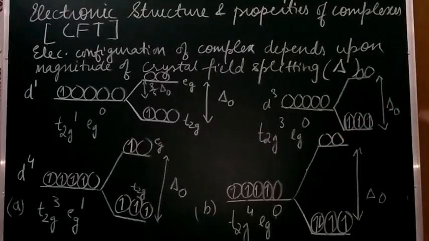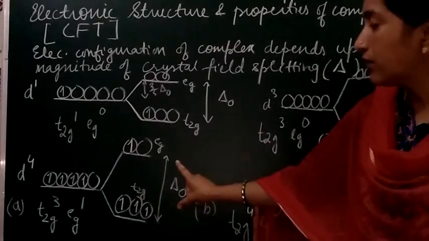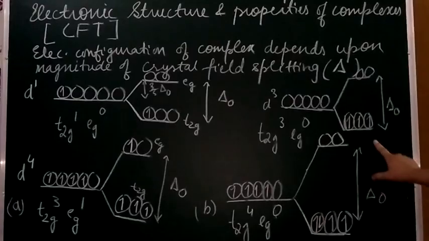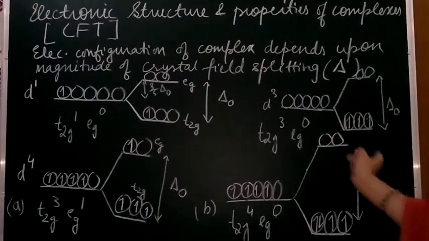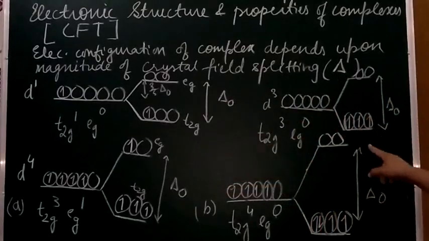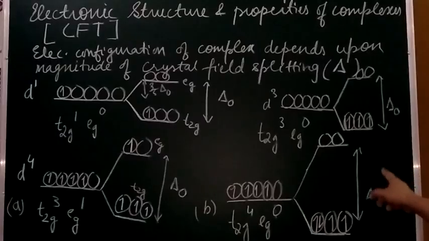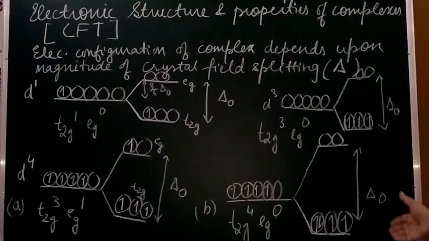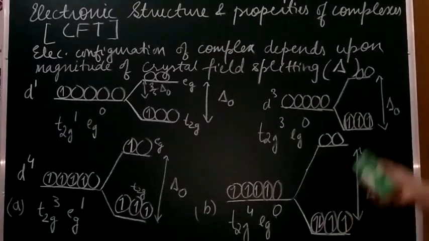The difference is the magnitude of crystal field splitting. Here the magnitude of crystal field splitting is less, and here, compared to the first case, it is more. It is definitely going to affect the electronic configuration of the complex, right students?